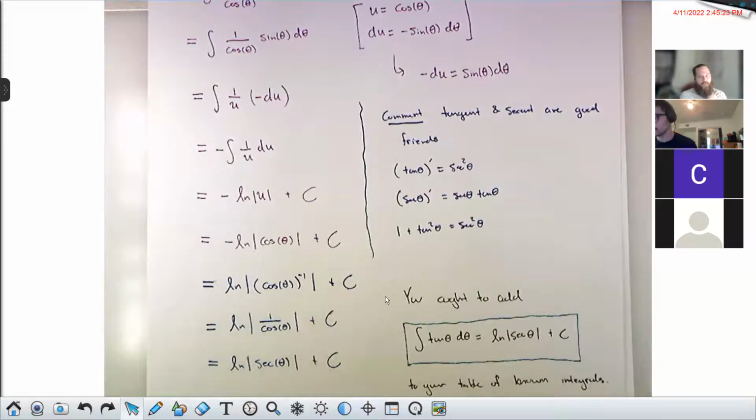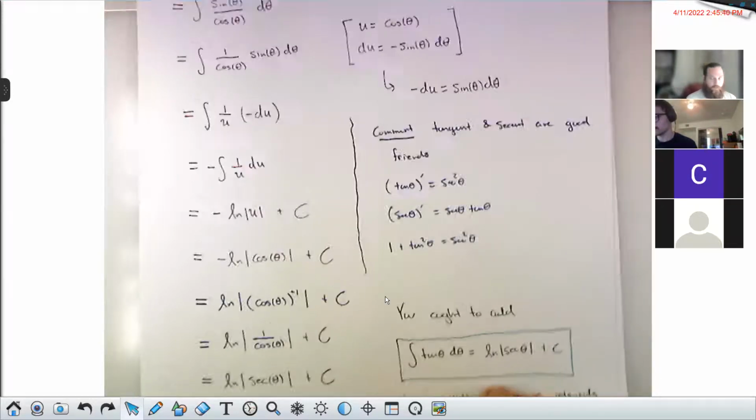Because the trig functions have derivatives that relate so readily to one another, they're a great source of fun substitution problems where you're subbing for an inner function which is a trig function. I'll do one more like this, and then we're going to look at some slightly different flavored problems.